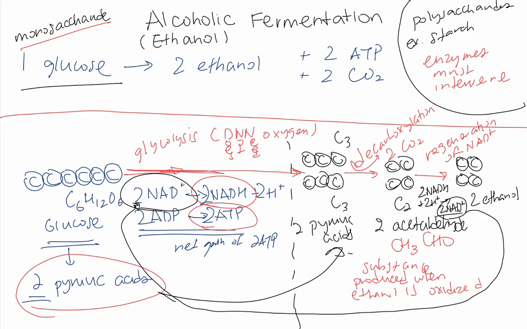And so that was alcoholic fermentation, or ethanol fermentation, in a nutshell. We learned that starting from 1 glucose, we get 2 ethanol along with 2 ATP and 2 carbon dioxide.